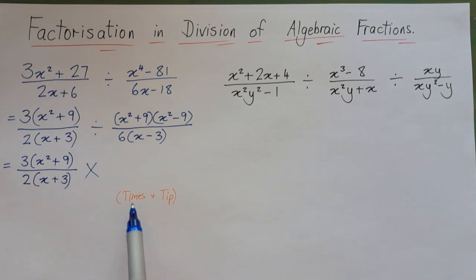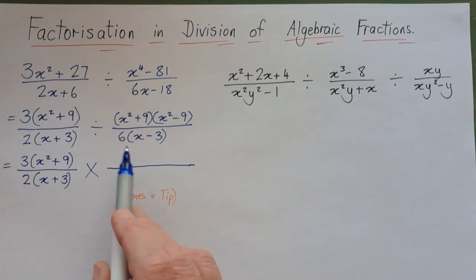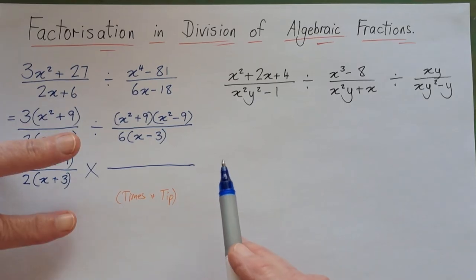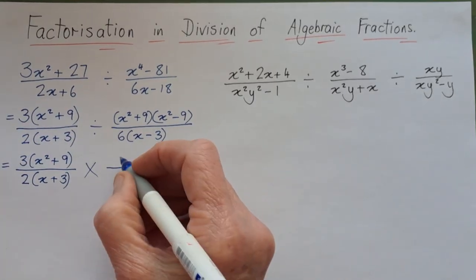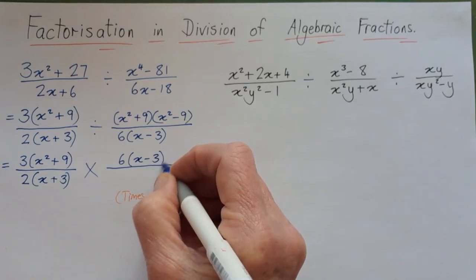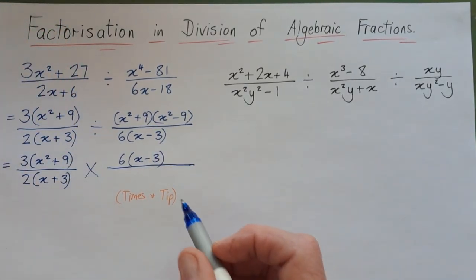Change divide into times, and then tip the following fraction. So I don't have to do anything more to this denominator, so I'm going to write it down first, but remember I'm tipping the fraction, so the denominator is now going to be in the numerator. This numerator is coming down to the denominator as I tip it.